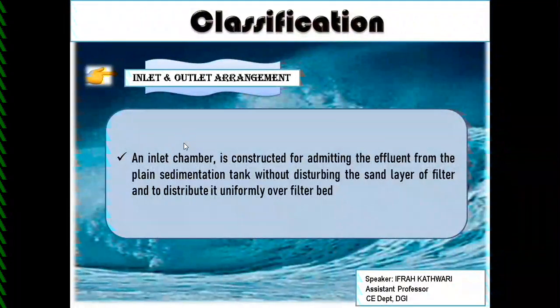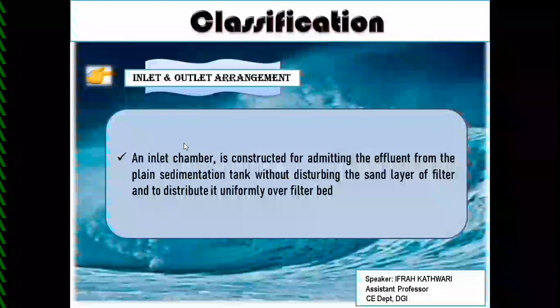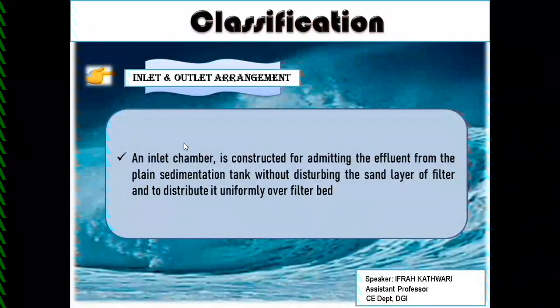From the outlet, the water is discharged to the drains, or to the storage tanks, wherein it will be distributed further to the society. So inlet and outlet arrangement is this.